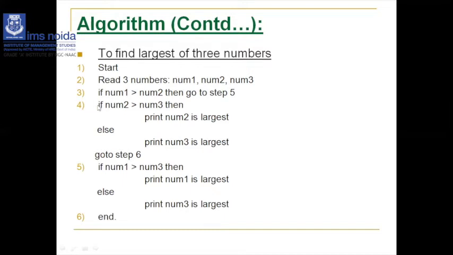So it will check if num2 is greater than num3, then print num2, else print num3 is largest. And in the last case, it will display num3 is the largest. So in this way, it will compare the three elements one with another and try to find out the largest element.